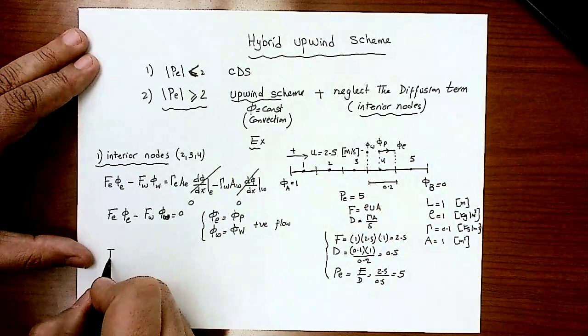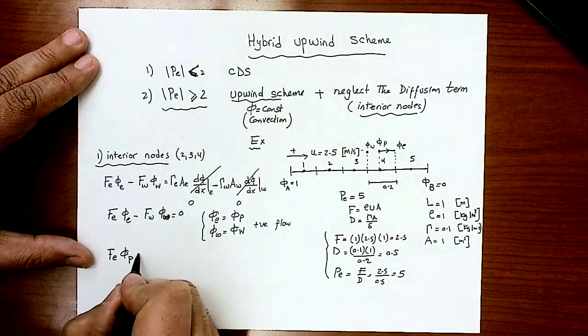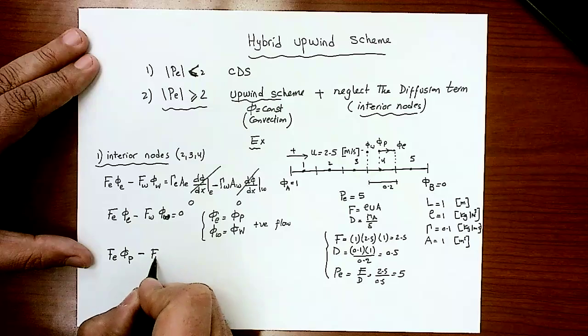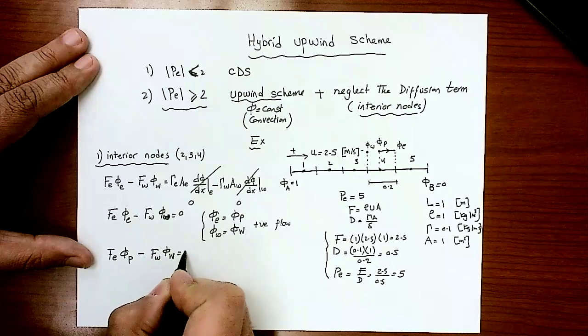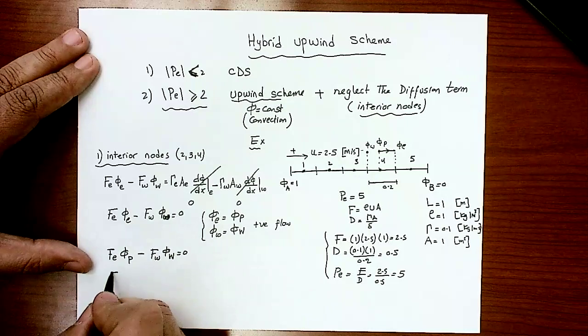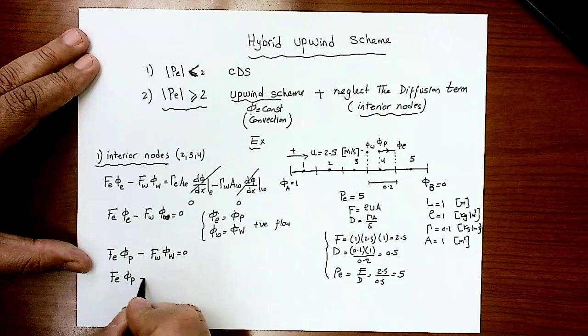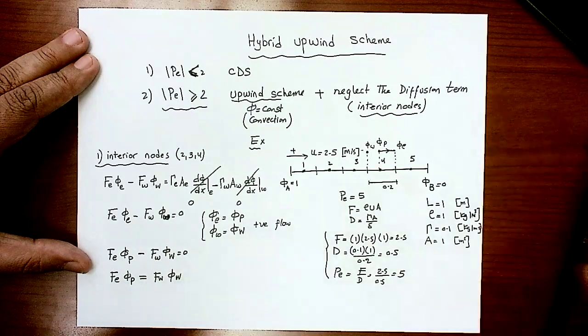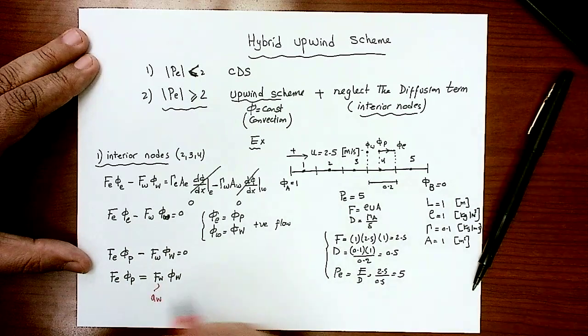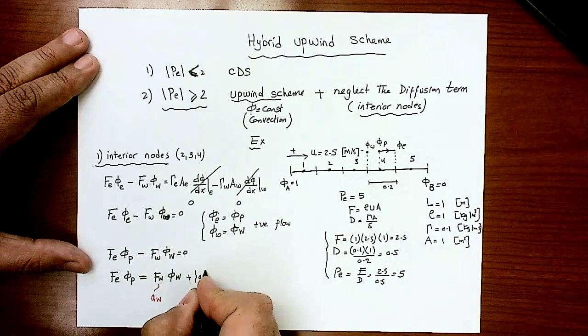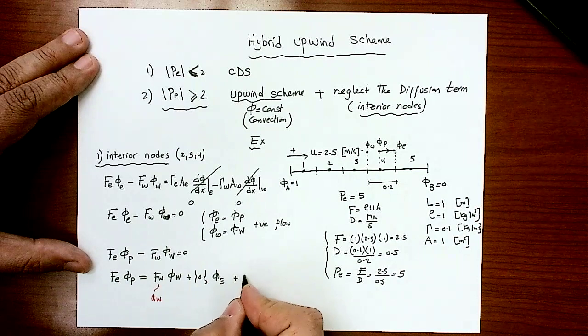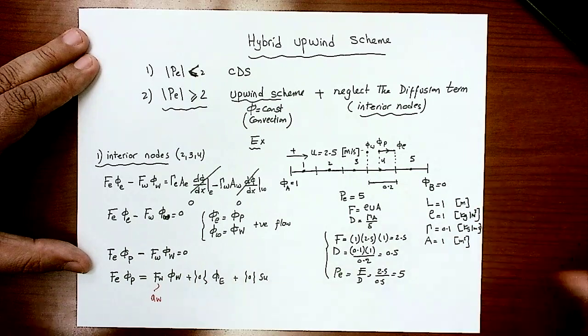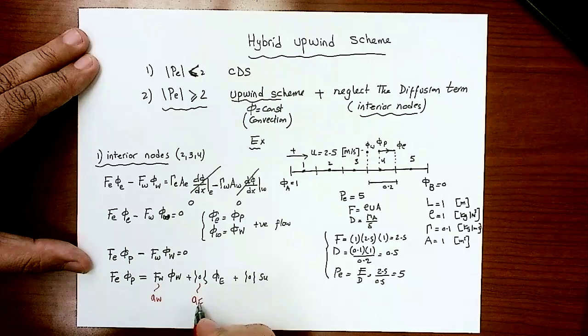So this equation will simply be F east phi P minus F west phi west equal 0. I will bring that to the other side. So I have F east phi P equal to F west phi west. This is my A west, plus 0 phi east, plus 0 SU. That's my A east. My SU is 0, right?